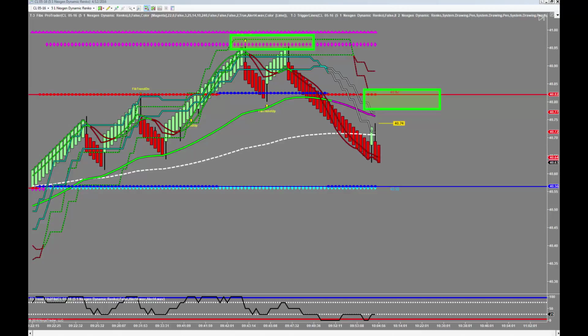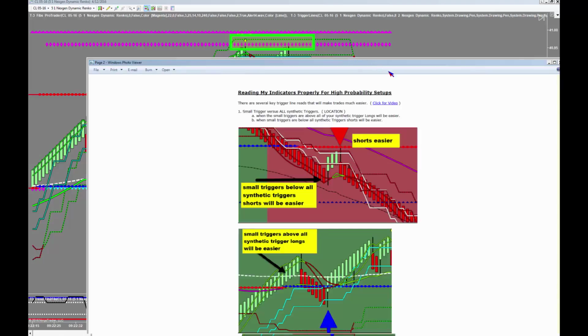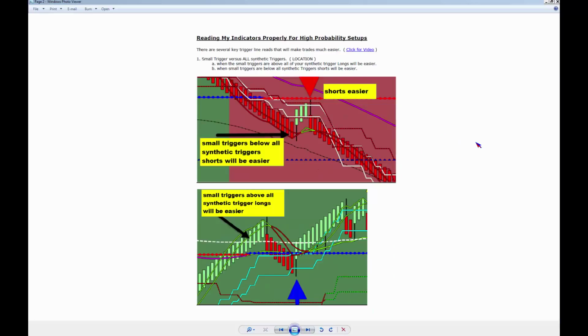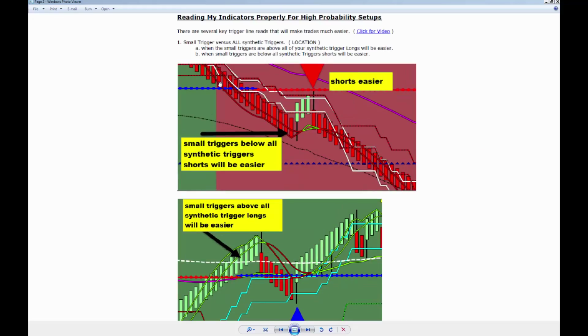Right now, obviously, as you guys go through the trading plan, this is the other one that gives you high probability setups. When everything is screaming in your direction and your small triggers are below your synthetic triggers, resistance is usually pretty good. You can't just sit and wait for stop outs and reversals all the time, right?